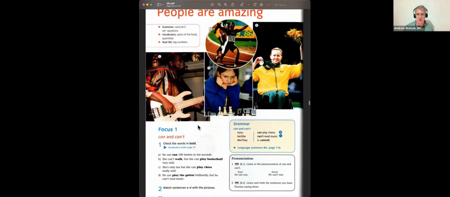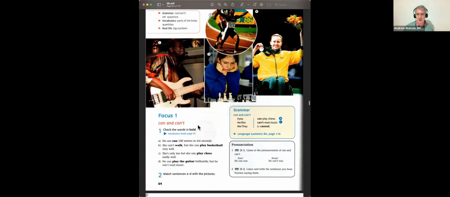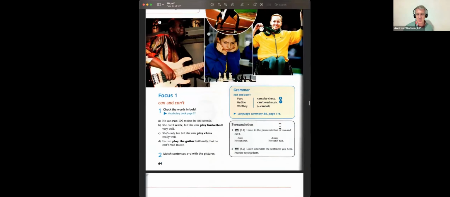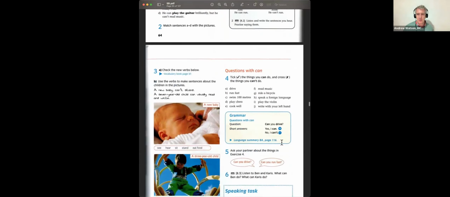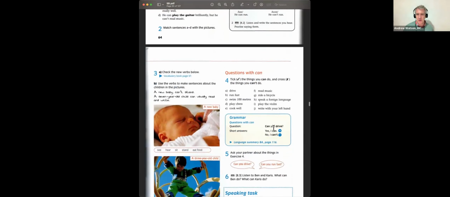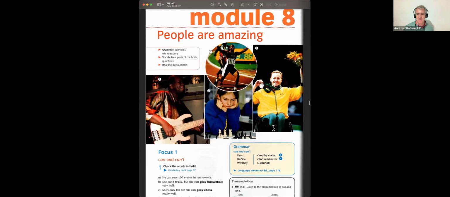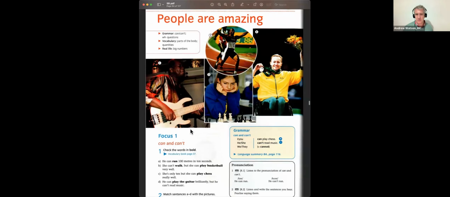So you could focus on the affirmative and the negative. Or more challenging would be to do the questions. Let's assume the students aren't very strong, so we could go for can and can't in the positive and the negative.